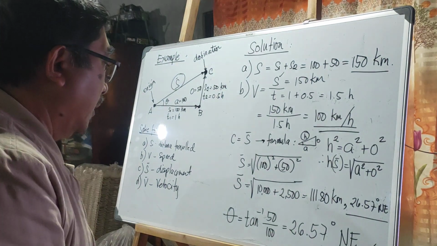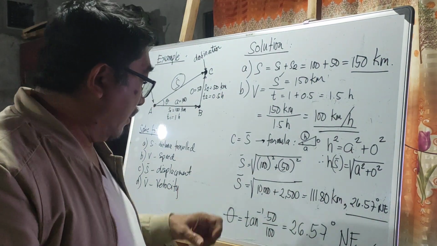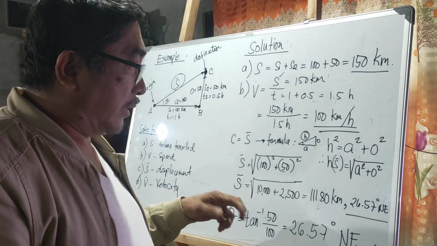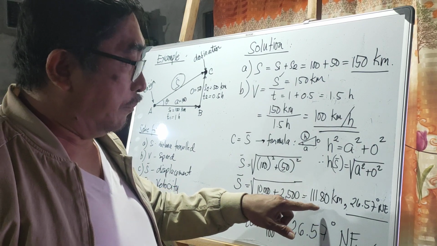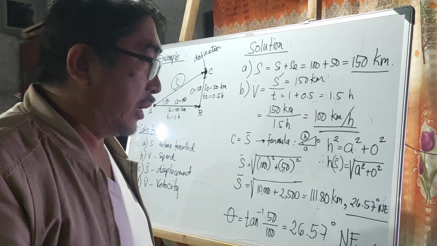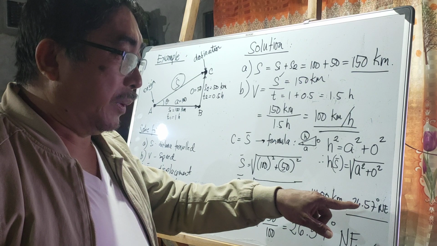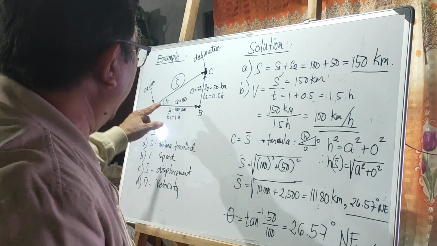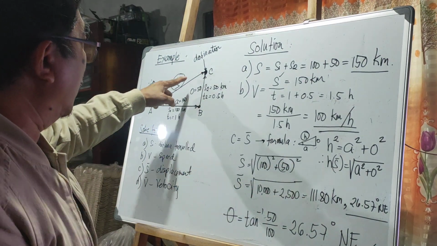So, based on our computation, our displacement is 111.8 kilometers, 26.57 degrees north of east.